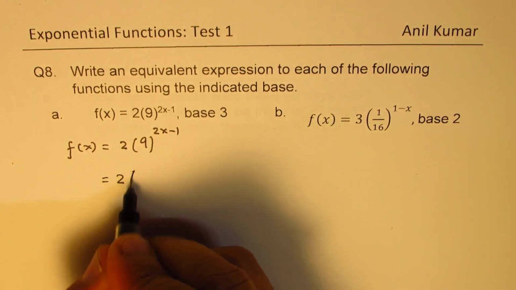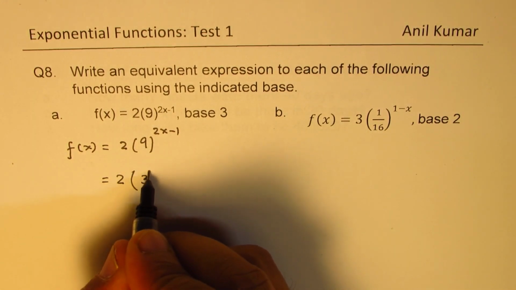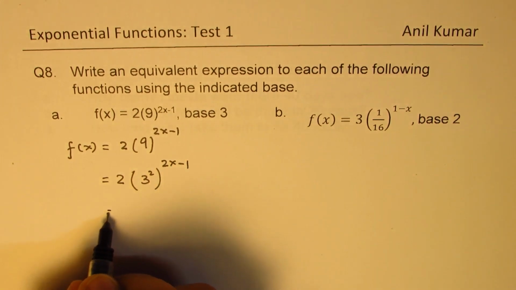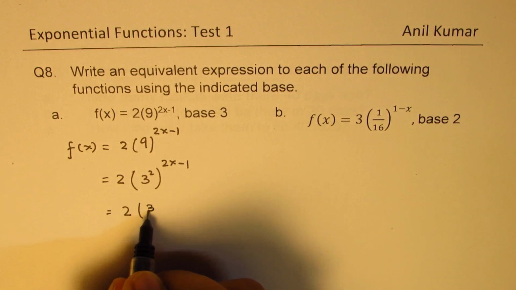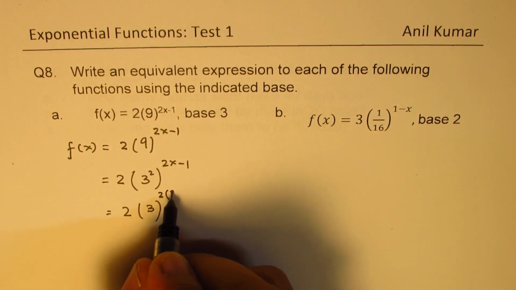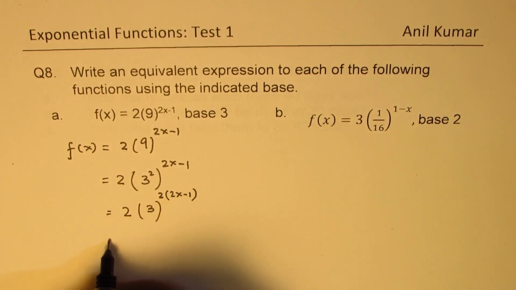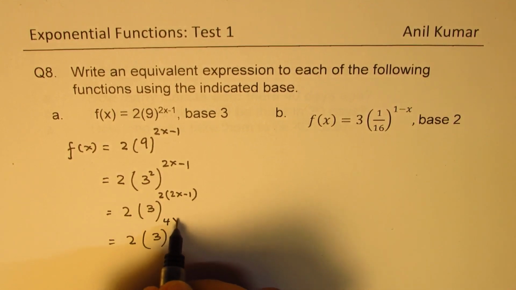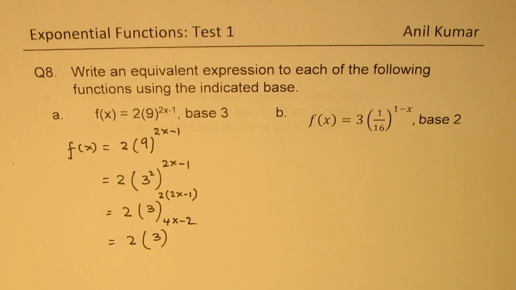We get 2 times, 9 is 3 squared, right? So 3 squared to the power of 2x minus 1. So we could write this as 2 times 3 to the power of 2 times (2x minus 1), which is 2 times 3 to the power of 4x minus 2. Is that clear to you? So that is how we'll change the base.